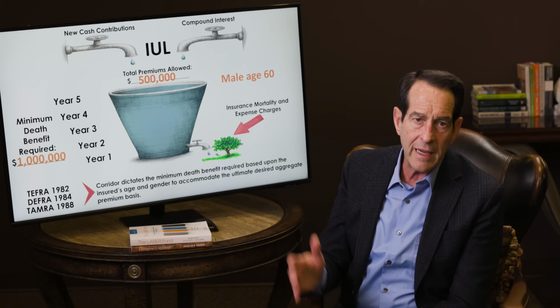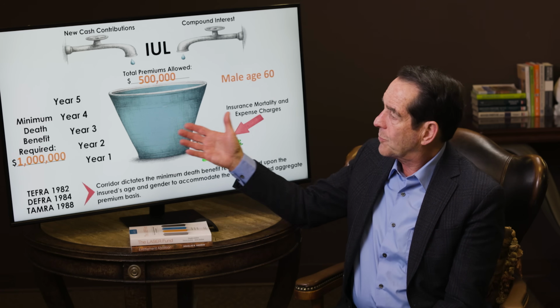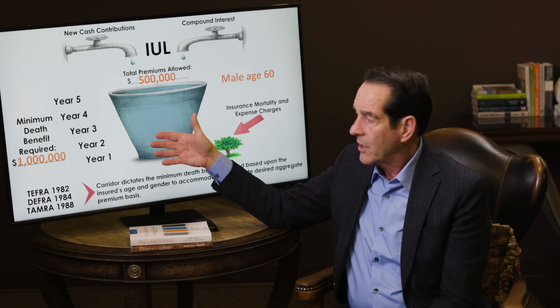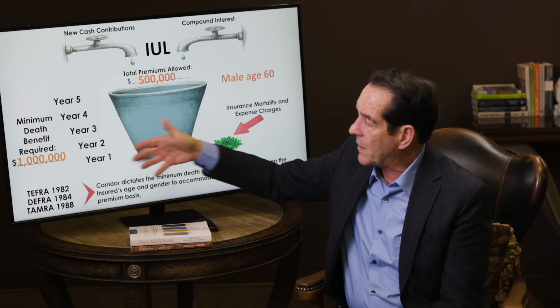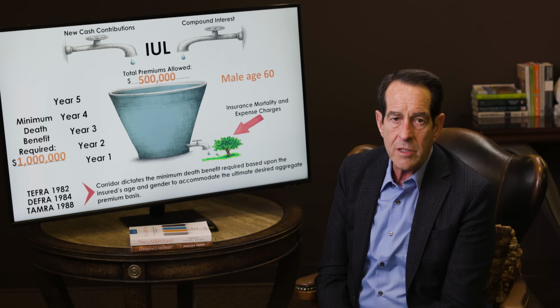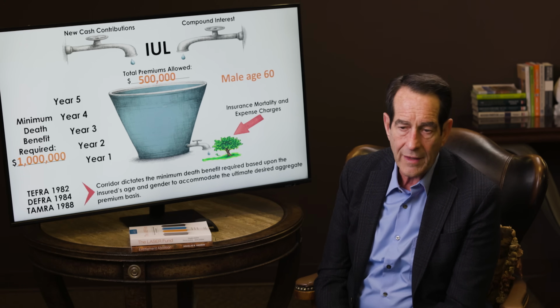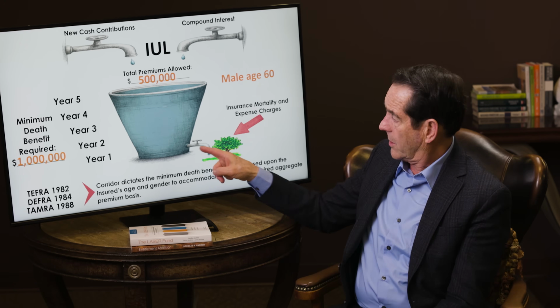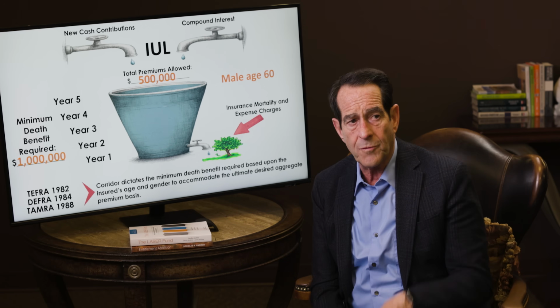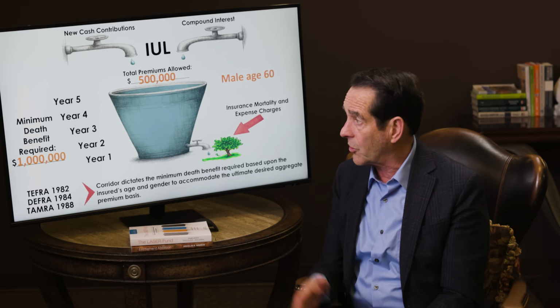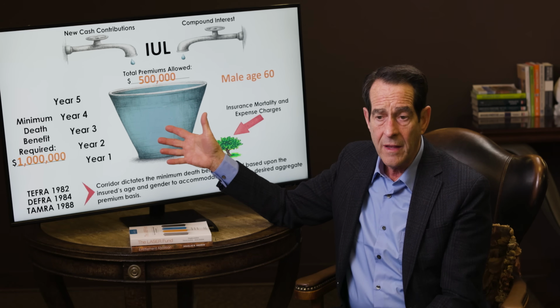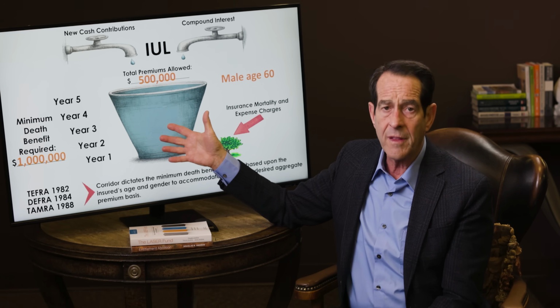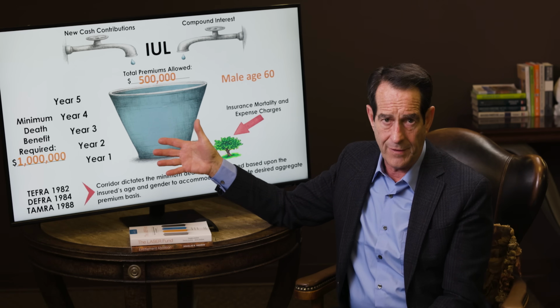Well, technically speaking, under TEFRA and DEFRA, if this person dies when their cash value equals the death benefit, then the insurance company pays out 5% more, okay? $1,050,000. But the insurance company is only charging you down here on the spigot, only charging you for $50,000 of coverage. The interest you're earning on $1 million in there is way more than the cost of $50,000 of death benefit.